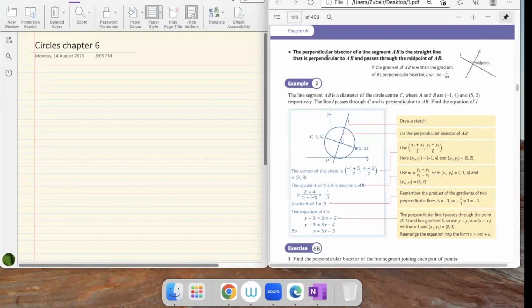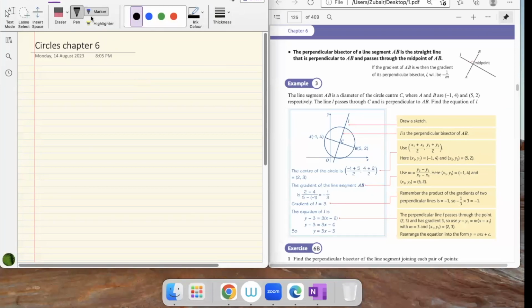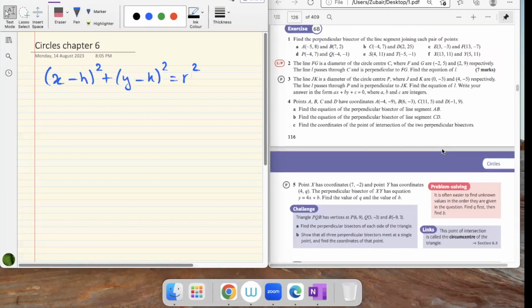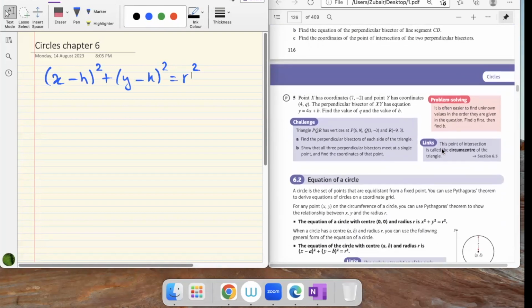So today we'll be discussing how to write the equation of a circle. This is the general form: (x minus h) whole square plus (y minus k) whole square equals r square, where h comma k are the coordinates of center.